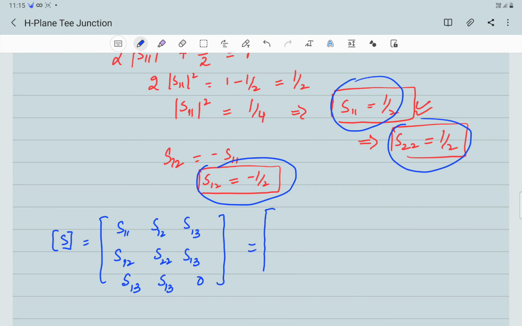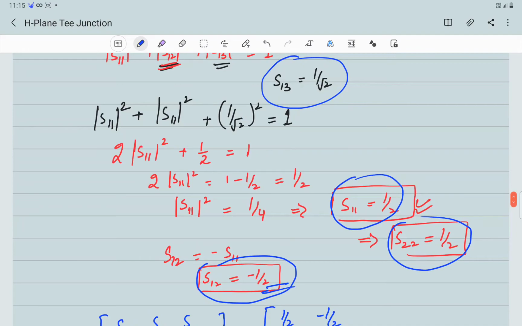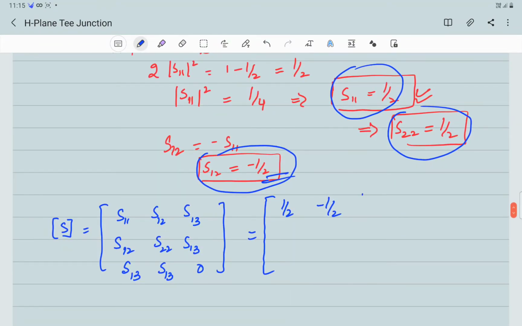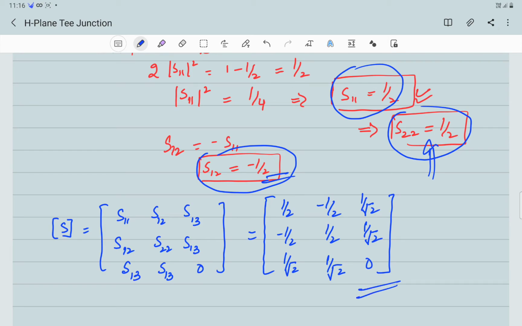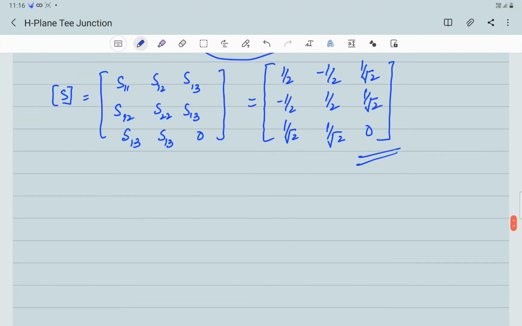Now that we have found all these values, this can be written as: S11 is 1 by 2, S12 is minus 1 by 2, S13 as we have seen is 1 by root 2; S12 is minus 1 by 2, S22 is 1 by 2, S13 is 1 upon root 2; S13 is 1 upon root 2, S13 is 1 upon root 2, and 0. So this finally is our S matrix.